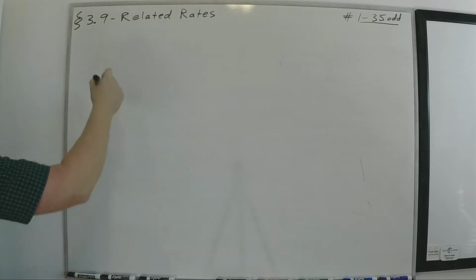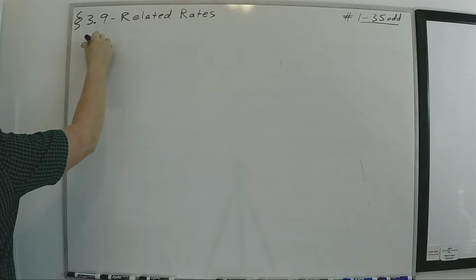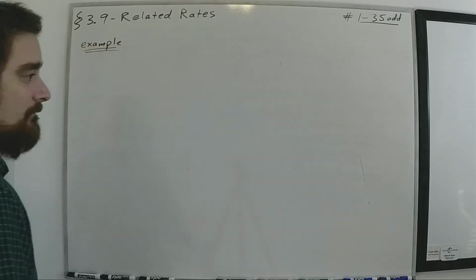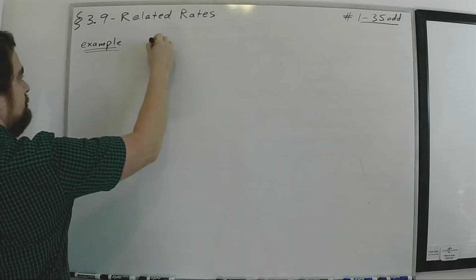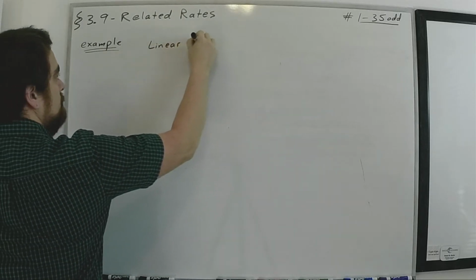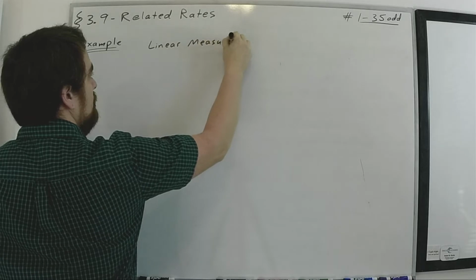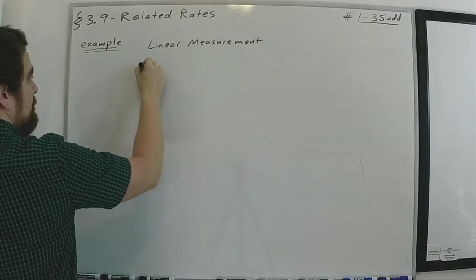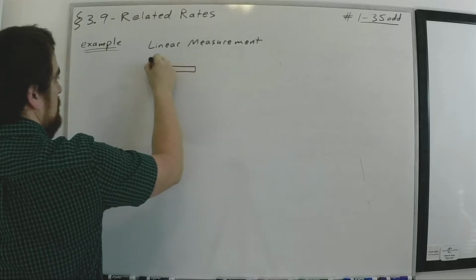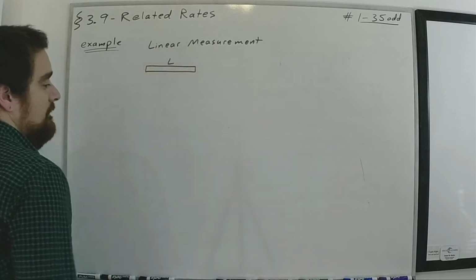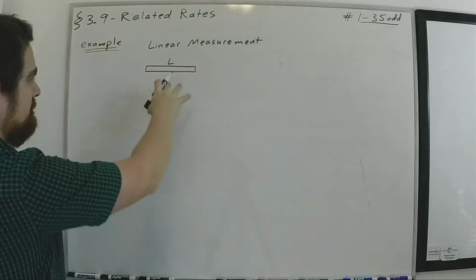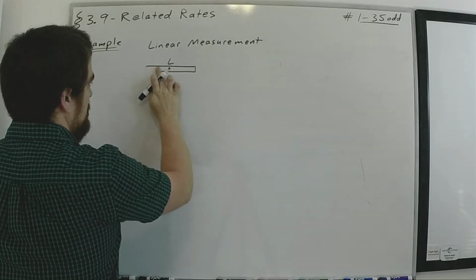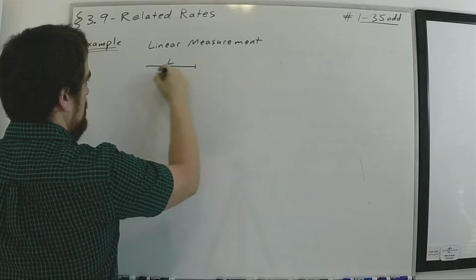So let's just take, for example, let's say we have a linear measurement. Let's say we have a ruler that has length L. Now I know a ruler is still two-dimensional, but think about it in terms of just a linear measurement, length.